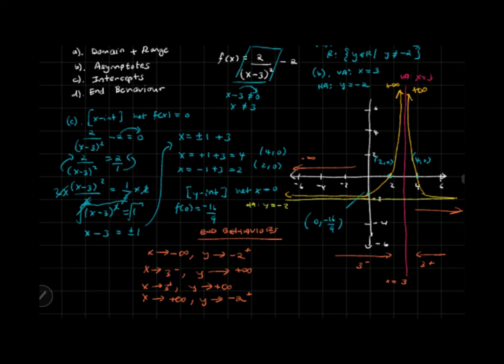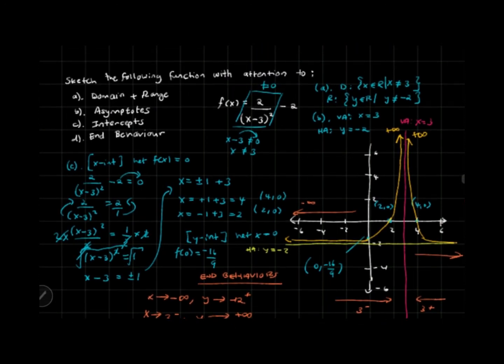So there's just a sense of symmetry associated with these quadratic reciprocal functions. It's almost as if the vertical asymptote creates a line of symmetry. You have to understand that some of these functions will have different characteristics. It's really important to understand some of these characteristics, and probably the best way to do that is by sketching.